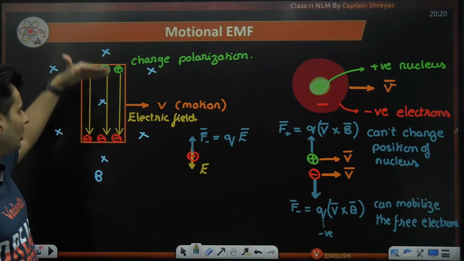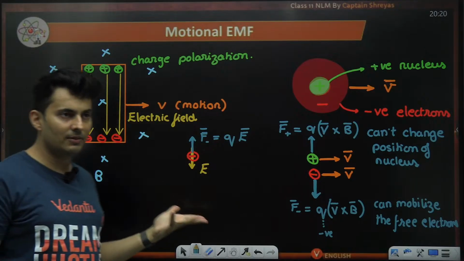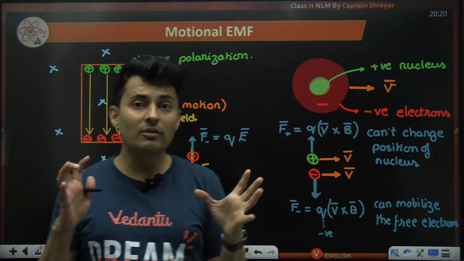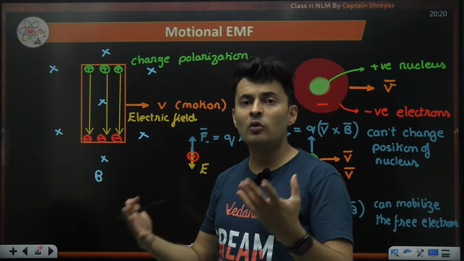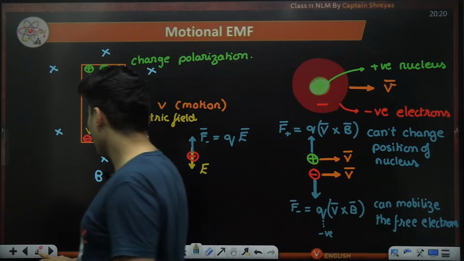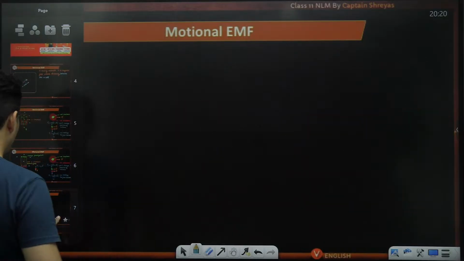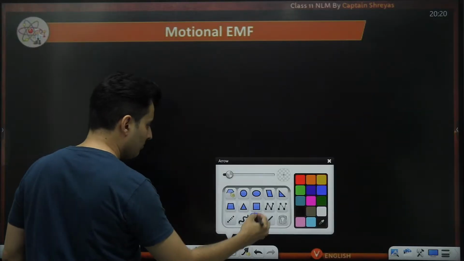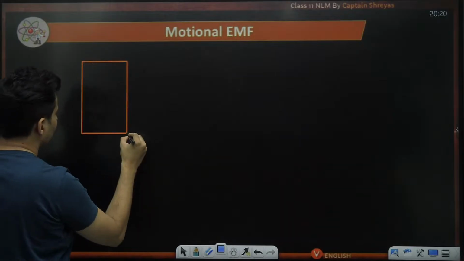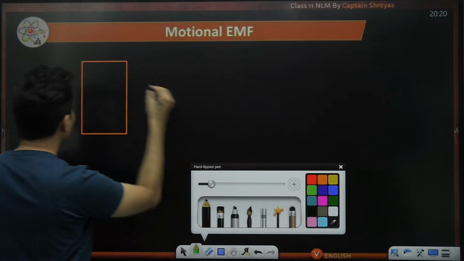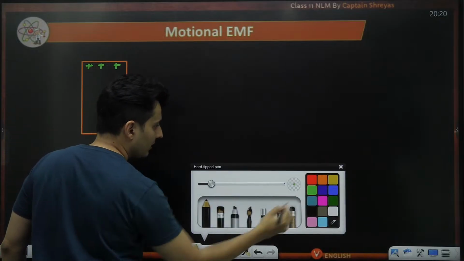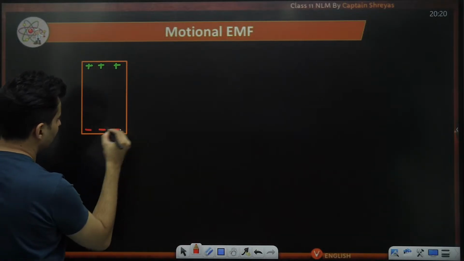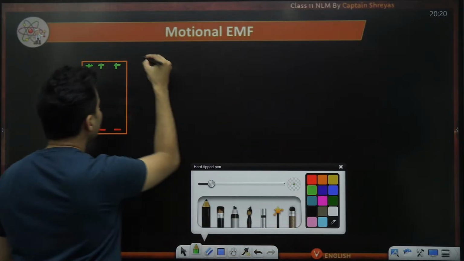So there will be an equilibrium which will be achieved eventually, when no further movement of the charges will happen. So eventually this particular conductor will reach an equilibrium with that positivity here and that negativity here.